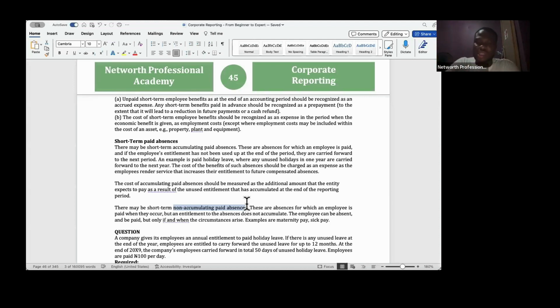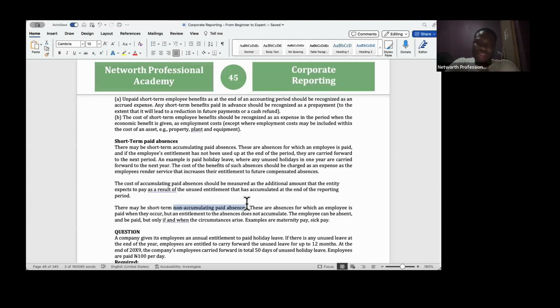I'm just taking it like, okay, if you don't go on leave, we won't pay that amount until you go on leave. But practically most companies don't do that. They just monetize these things. Whether you go or not, they will pay you. So all of this accounting we are talking about here would not really apply in that case.